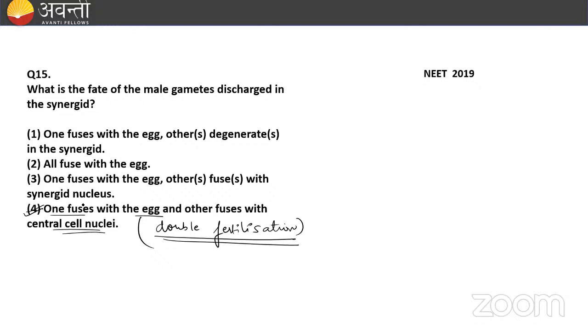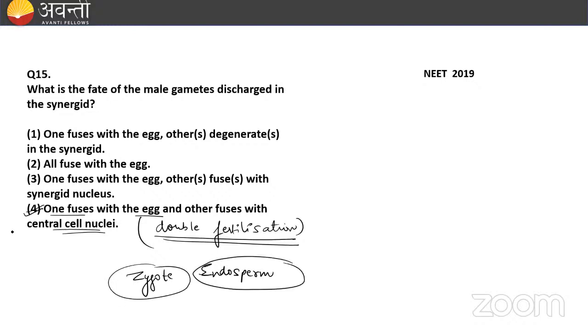So there are two male gametes. One fuses with the egg and forms the zygote. And the other male gamete fuses with the central nuclei and forms the endosperm. Okay, so the correct option is option number 4. I hope it is clear to everyone.